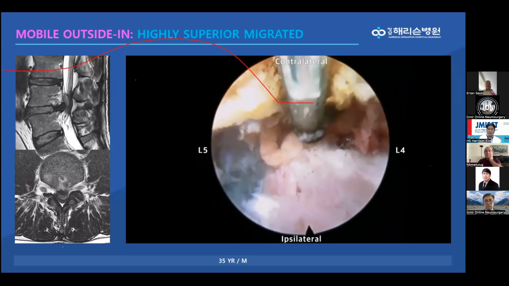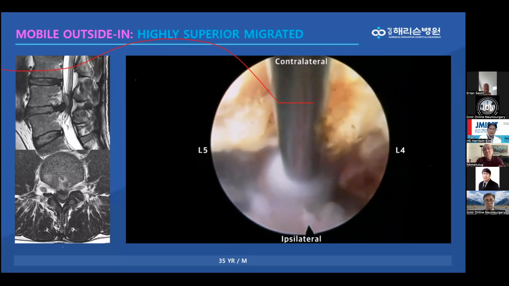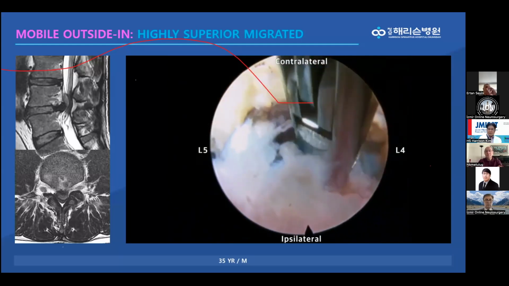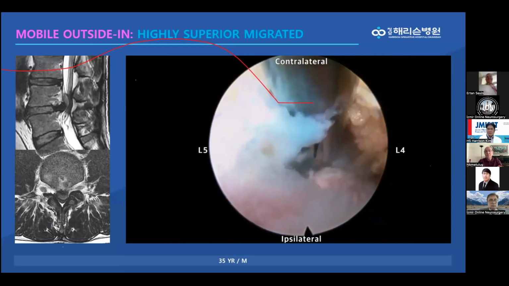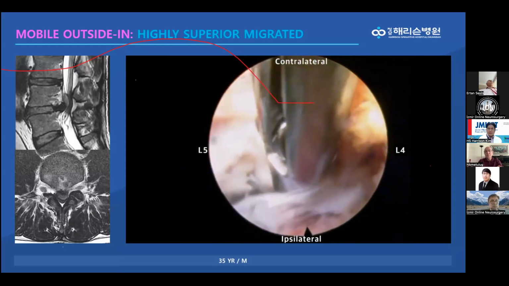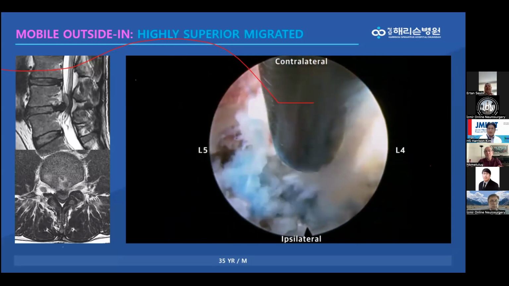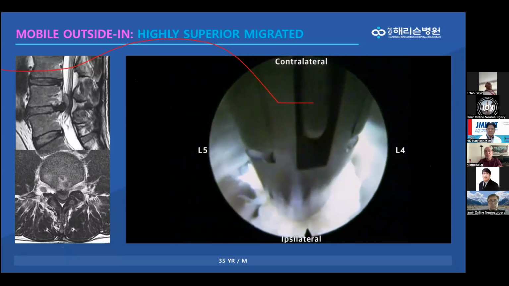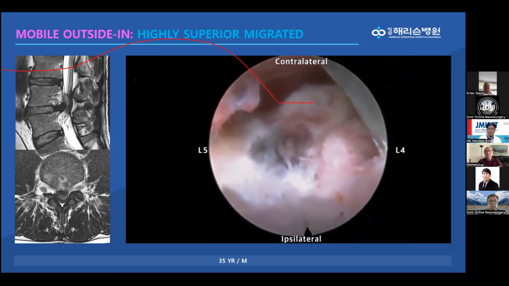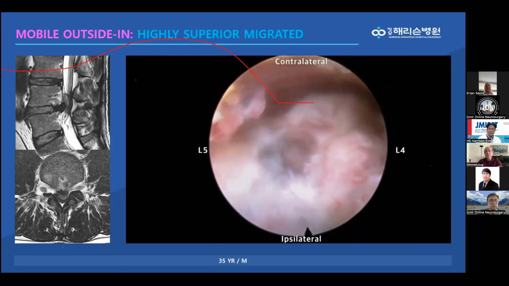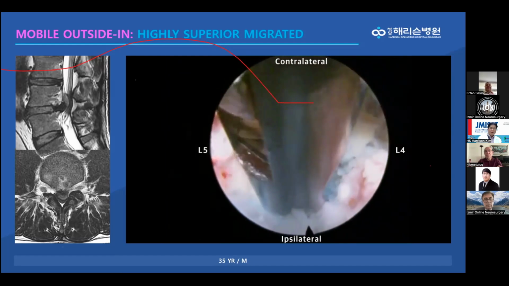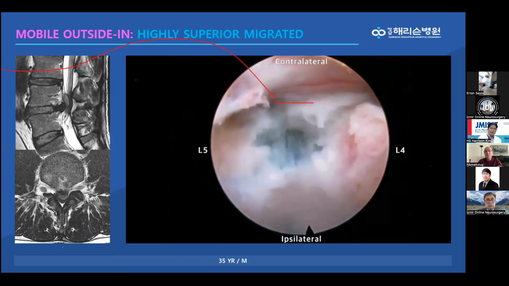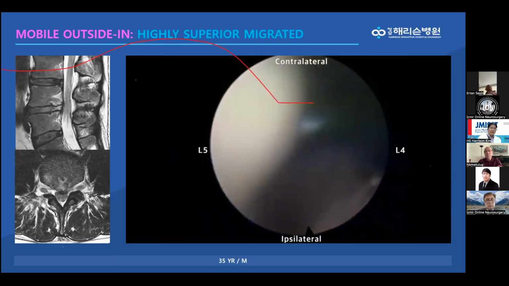This area is the supra-articular notch area. It means checking from cranial to caudal. Before, you saw some vertebral body drilling. Finally, you can see the free root, and postoperative.